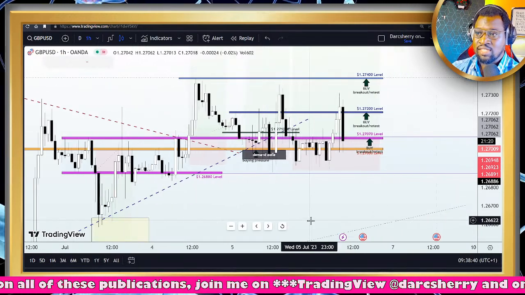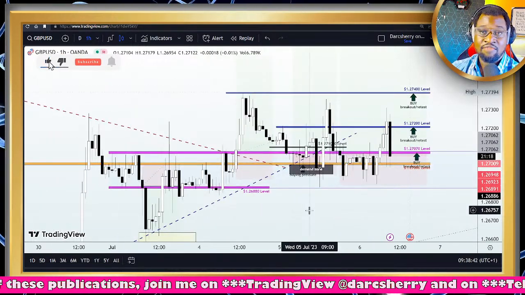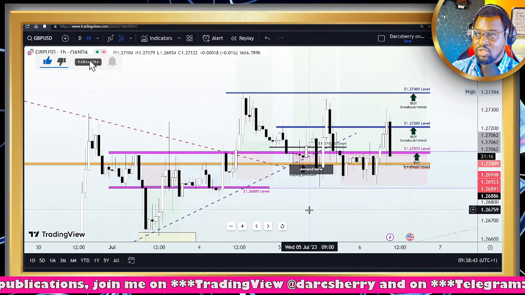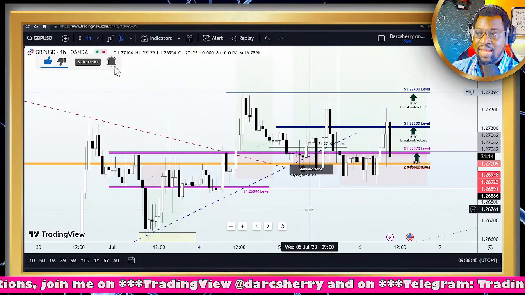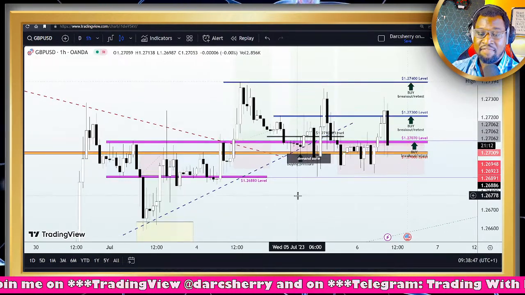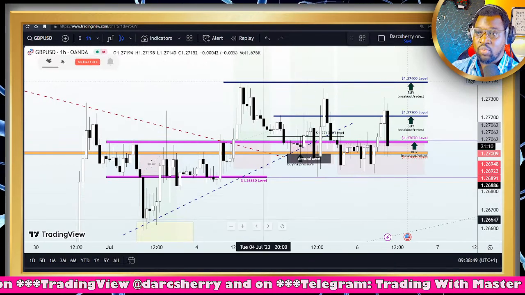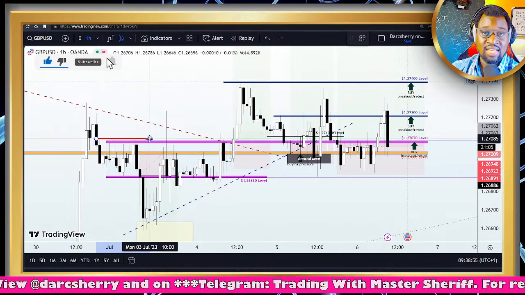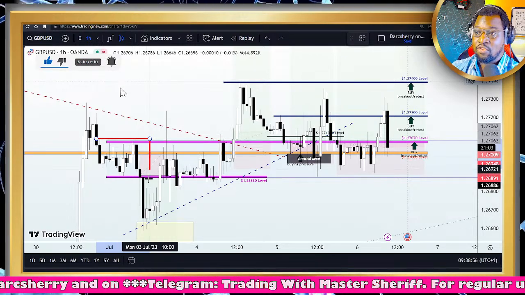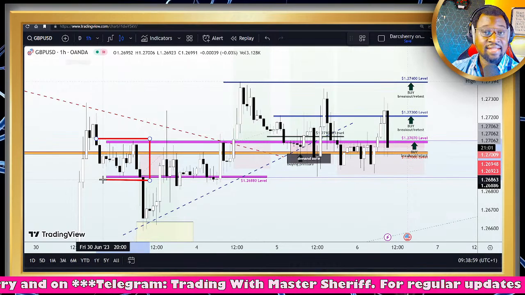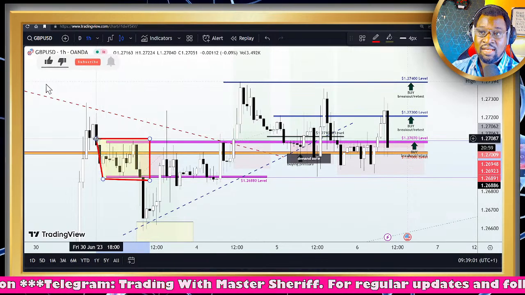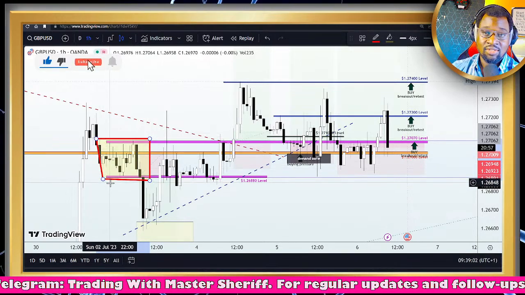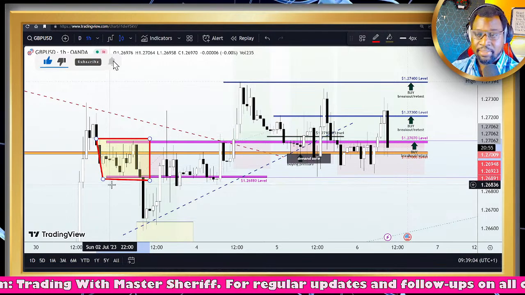So let's run through what incited the idea of buying the GBPUSD for this week. So at the beginning of the week, we had a very flat range, a simple flat range where price action was initially caught within the 1.27070 and of course the 1.26880 level to give us an insight into the level of indecision at that point.